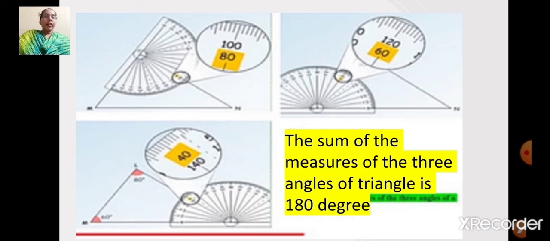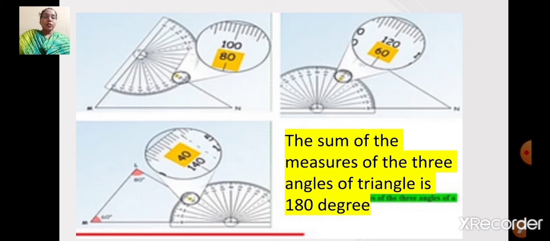So here we found out the measures of angles of triangle as 80 degree, 60 degree and 40 degree. Now there is a rule that when we take the sum of all the three angles of a triangle, it is 180 degree.